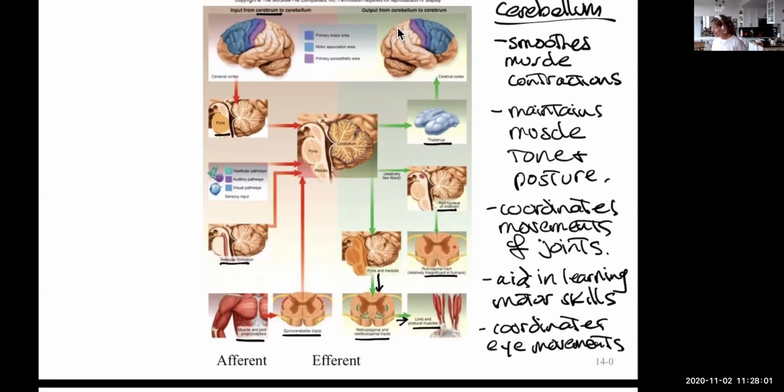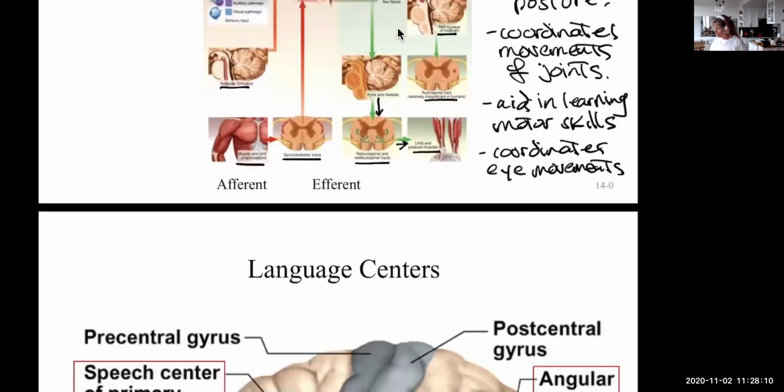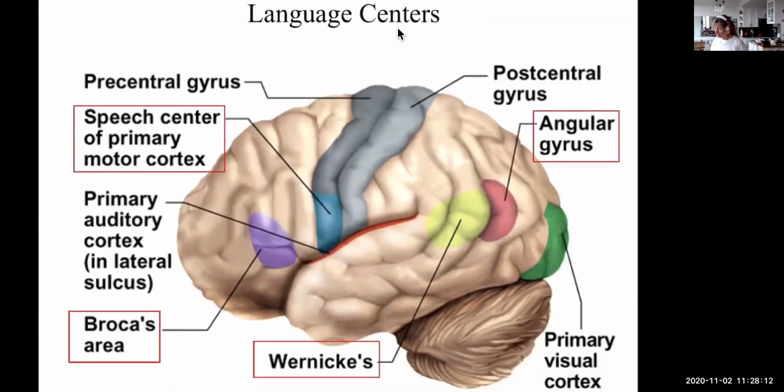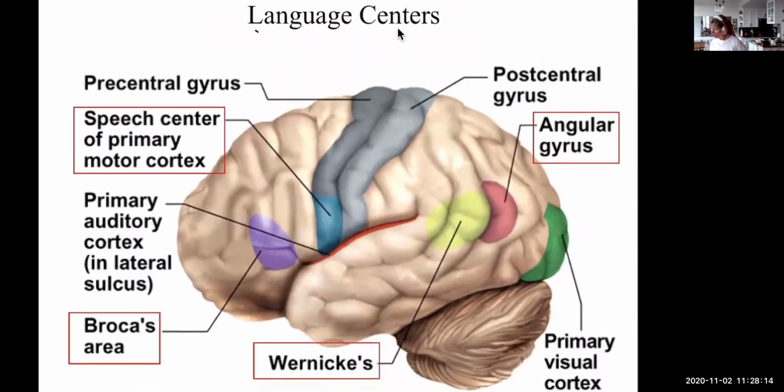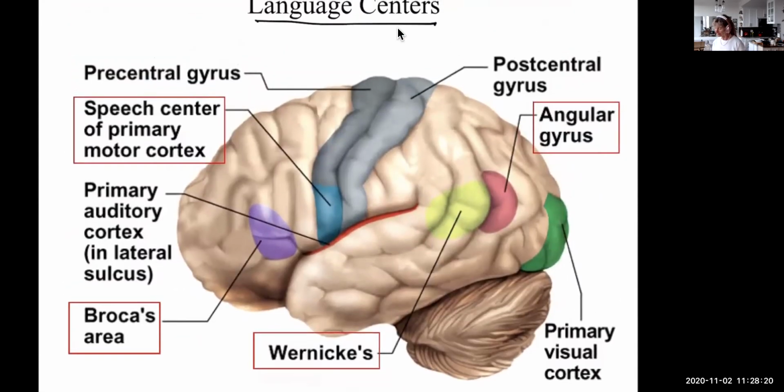But language doesn't include just learning the words, of course, but it includes learning grammar. It includes formulating sentences. Language includes reading. There are a few different centers that are devoted to language. There's a speech center of the motor cortex.